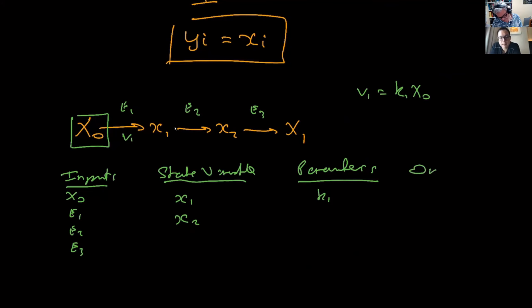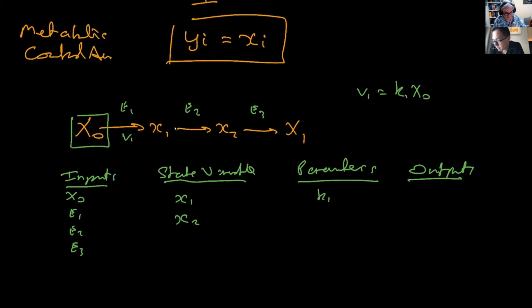The outputs, that's an interesting one for these systems. Brian Ingalls, from the University of Waterloo, came along. We have metabolic control analysis, which we haven't done, which was developed by a bunch of geneticists and biochemistry people.